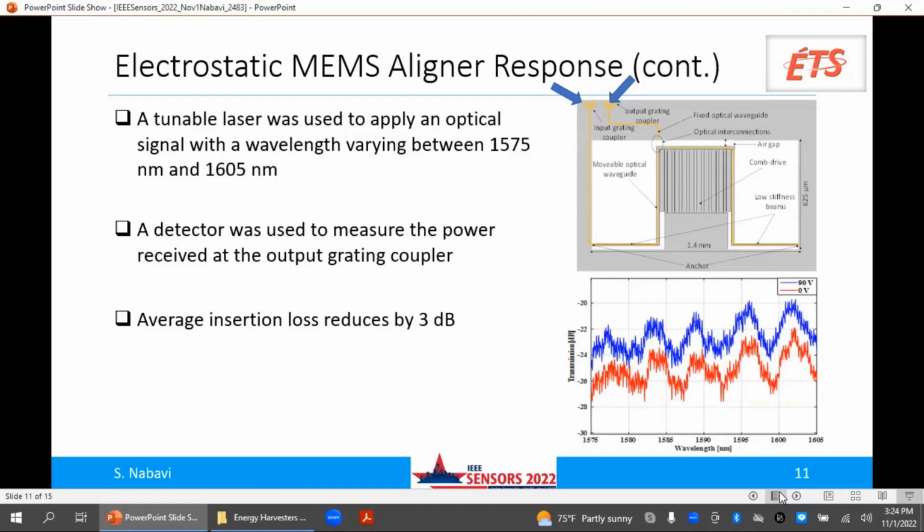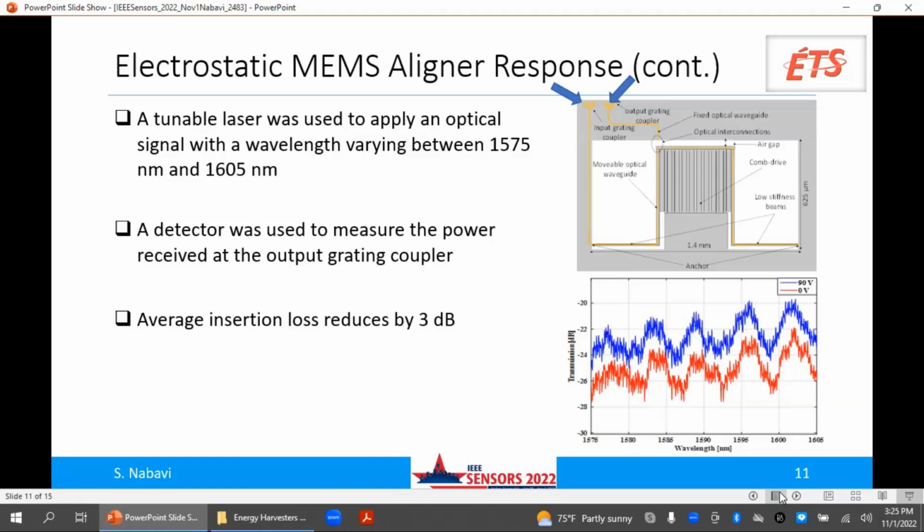The results are presented in this plot. The X-axis shows wavelength, and the Y-axis shows the amount of power that is transferred from the input grating coupler to the output grating coupler, in two cases.